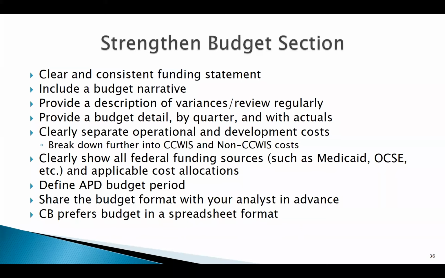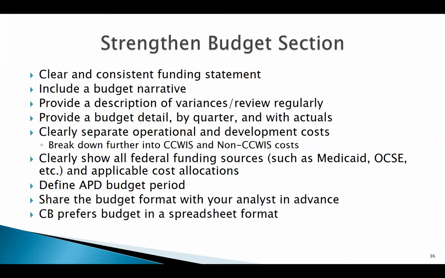Sometimes we get APDs and we need to have a budget narrative, and it needs to be updated. It's describing the line items on your budget, and it's noting if there are differences in estimated and actual cost. Those are the things we use that budget narrative for.